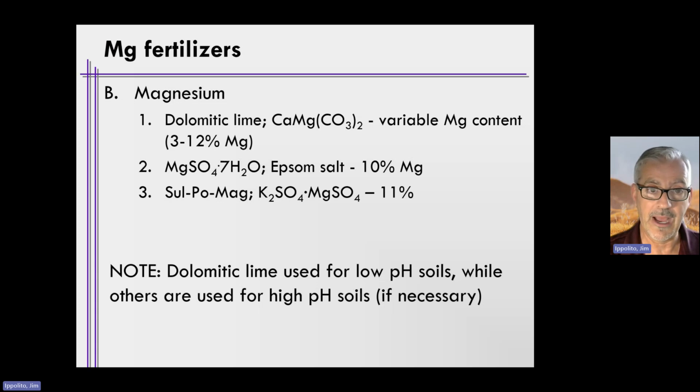Most of our soils that are high in pH across the globe typically don't need magnesium. But if they do, and you need to lower the pH, the sulfate in either point number 2 or 3 above can react through microorganisms in water to create sulfuric acid and help to eventually lower the pH.